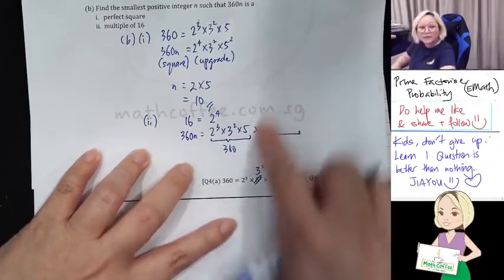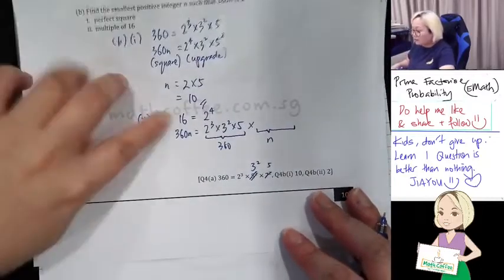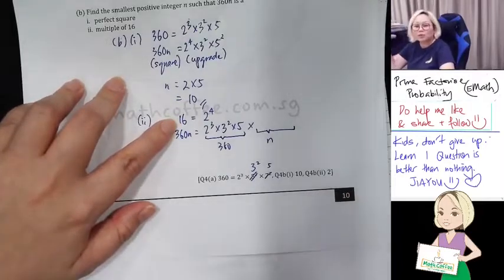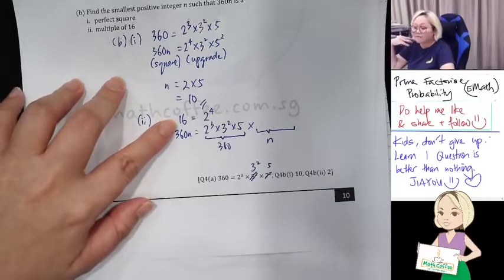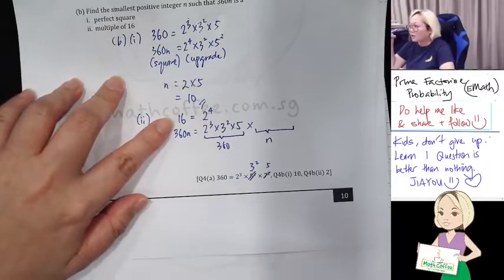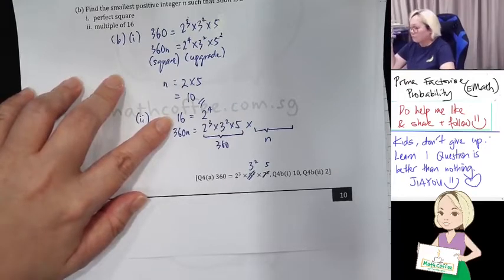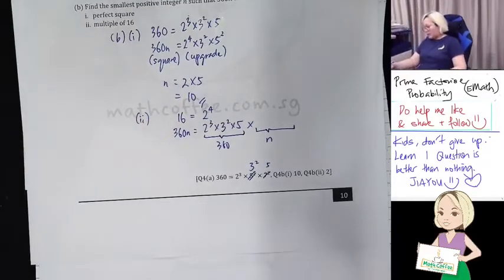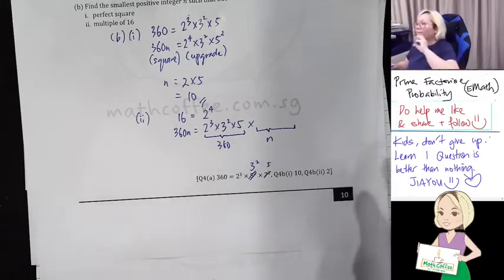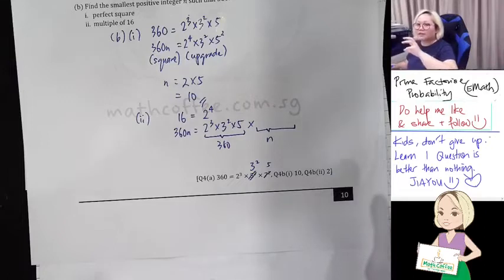So the thing is, what is my n? Remember this, what is a multiple of 16? Multiple of 16 means 16 times 1, 16 times 2, 16 times 3, 16 times infinity. As long as it's 16 times something, it's a multiple of 16. So it means that for a multiple of 16, you must have all the prime factors inside.